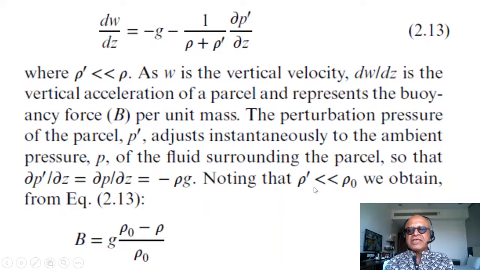So noting again that rho prime is less than the background environmental density, this can be written as buoyancy g prime equals rho 0, the reference density or the background density, minus rho, the parcel density, divided by rho 0.